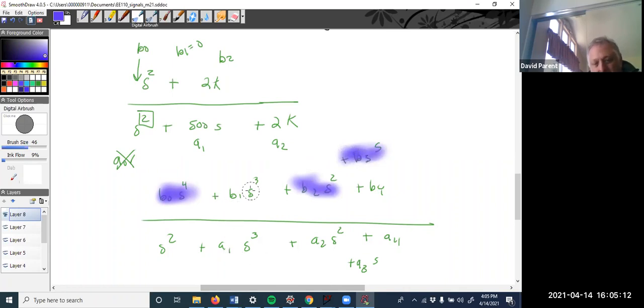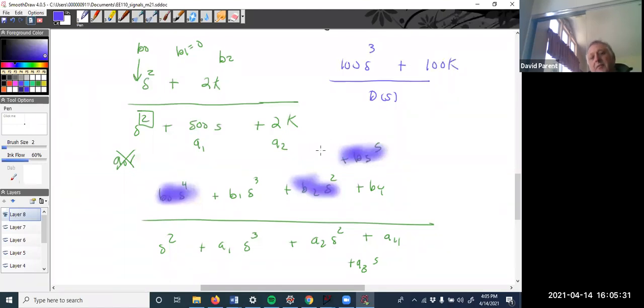Well, I have B1 S cubed and then I have a B4. But what if I see the question, just let me finish my thought. But what if you see something like this? Here's the denominator and I have 1,000 S cubed plus 100,000, right? This is S cubed here, right?